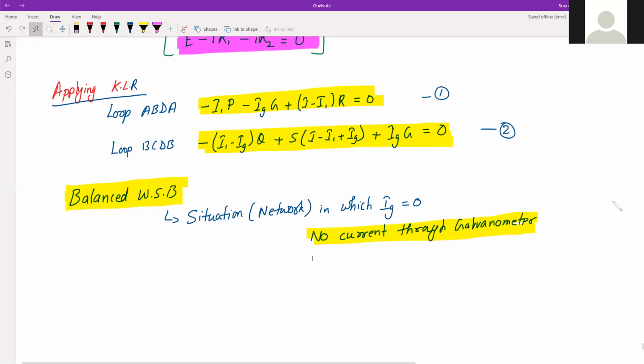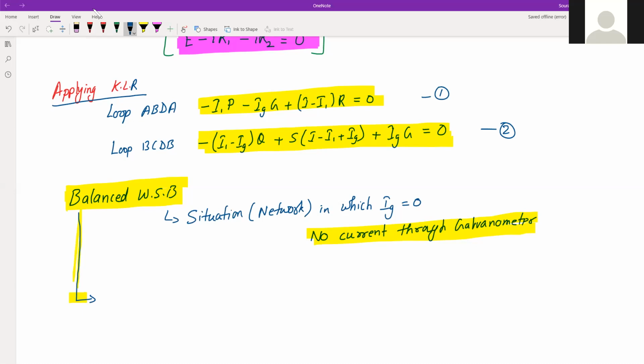Right? So in the balanced Wheatstone bridge situation, the equations will now change. What will these equations become? What do we have to do? We just have to put the Ig value equal to 0.